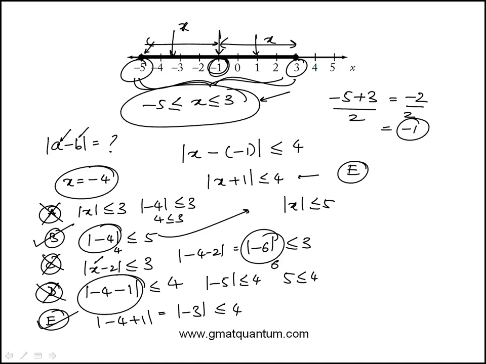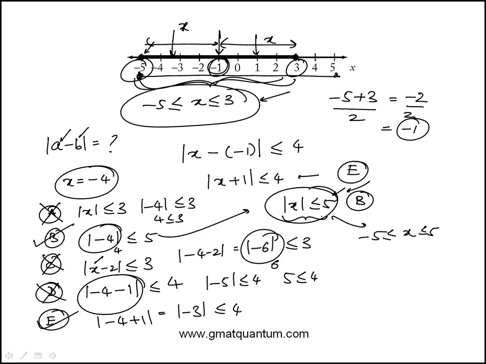Well, actually B is tricky because, and I think the reason the writers put it there is that all the values in that shaded region will actually satisfy this, because this is the solution. This basically means x is between -5 and 5. And so the set of values is from -5 to 5. So if you're testing a subset, it's going to satisfy that.